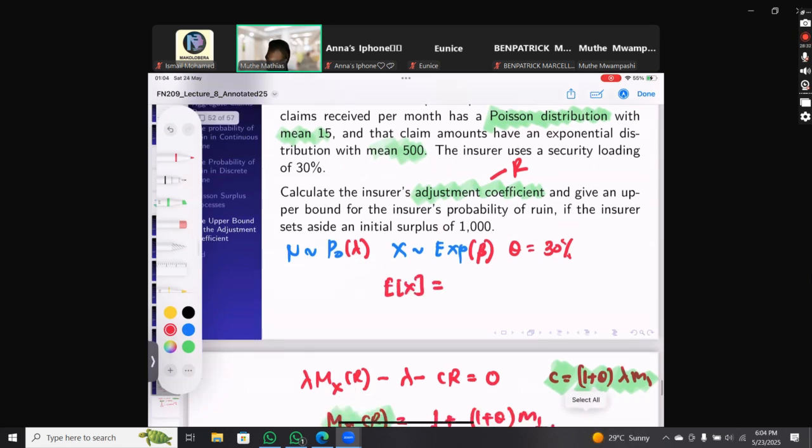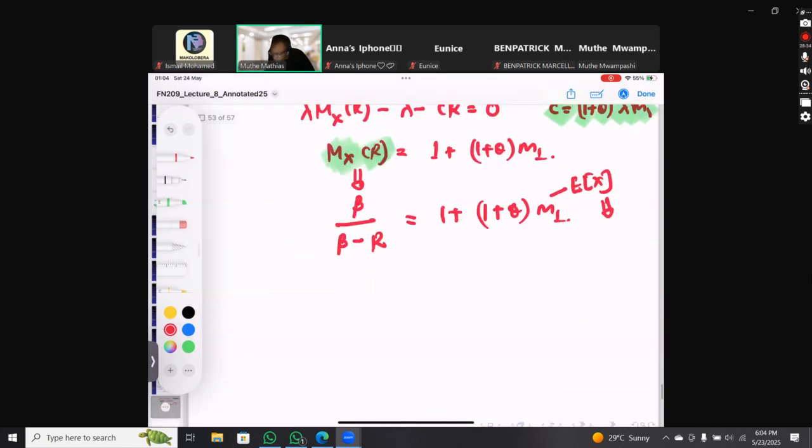So we have 500 in this part here. So now this is very easy. The expected value of X is equal to 500. So of course we know that the mean 1 over beta is equal to 500. So you can simply substitute everything.